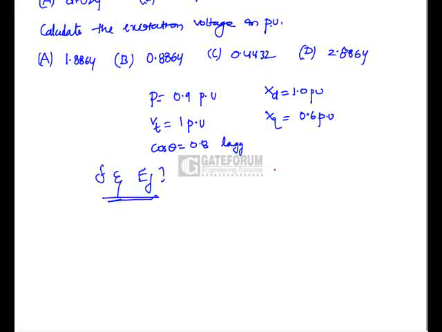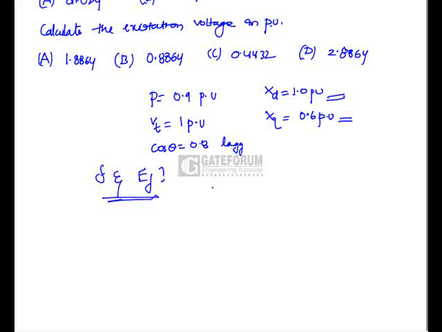Now this type of synchronous generator here is a salient pole synchronous generator. We have two types, you all know that: salient and cylindrical. In cylindrical we have a uniform air gap. In salient we have quadrature axis and direct axis reactances, since the air gap is non-uniform.